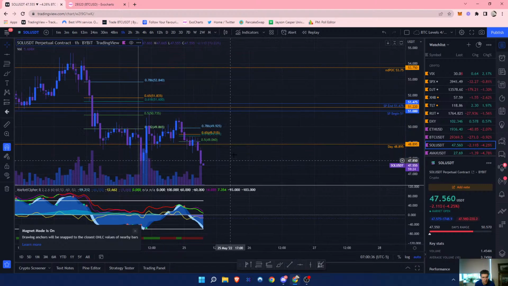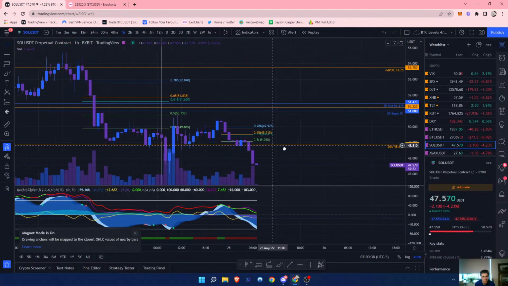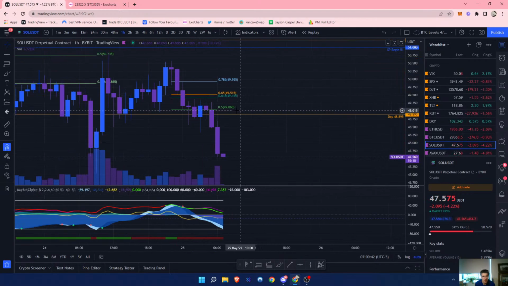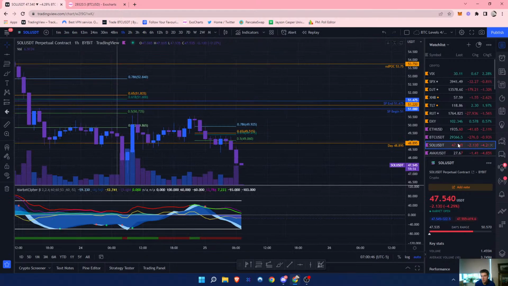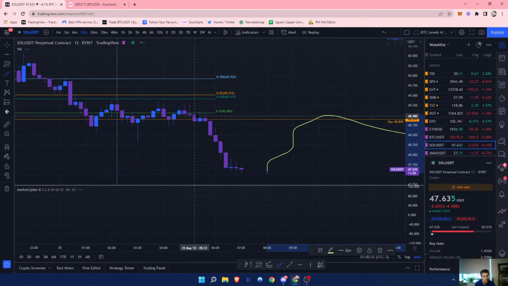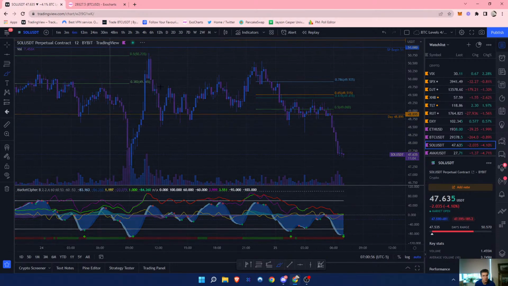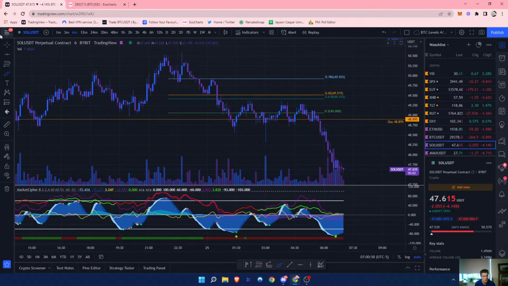The golden pocket. So again, we could come up to this daily, this 0.5 fib level, drop down, this will be more of a 6-minute.